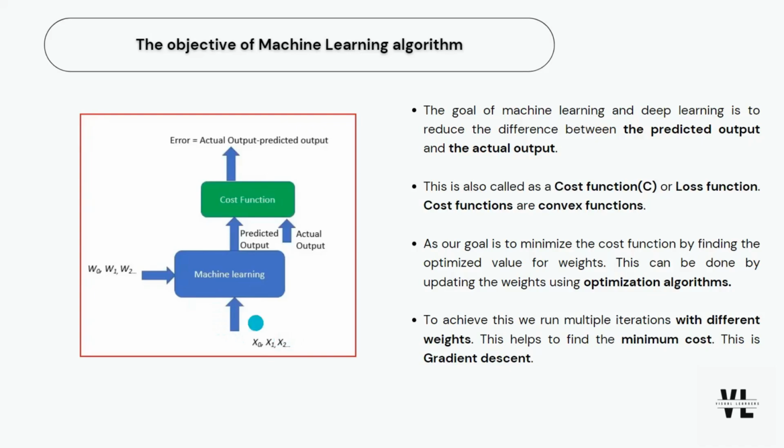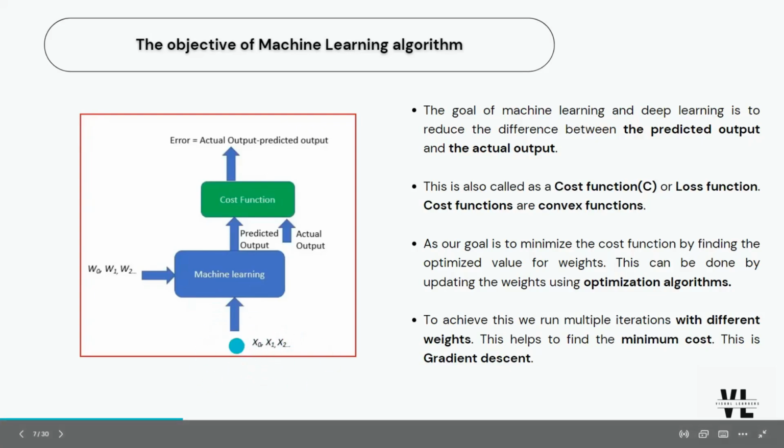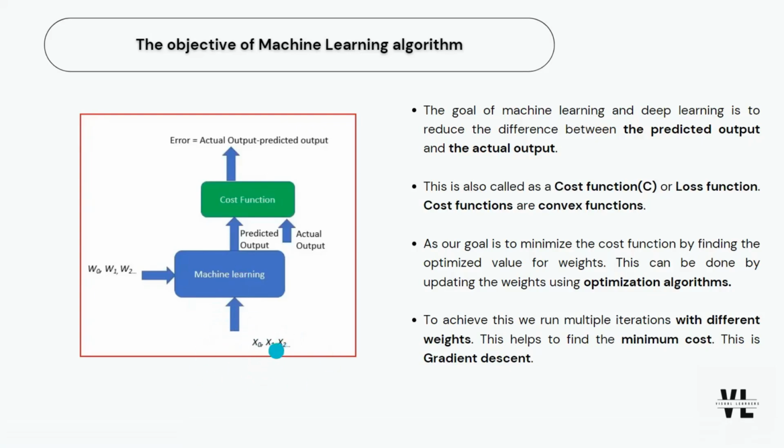So we might have some input features, we feed these input features into the machine learning model, and the associated weights and biases are going to be considered as parameters for these machine learning models that we use, and we get a predicted output from our model that is learned from the input data, and we have actual output, which are the labels or targets associated with the input features.